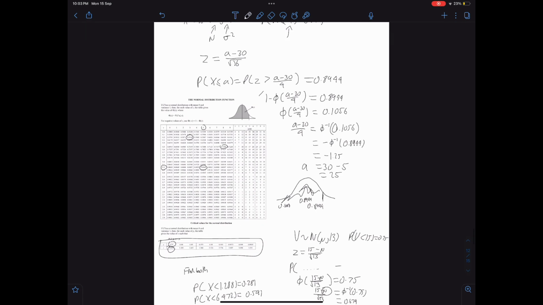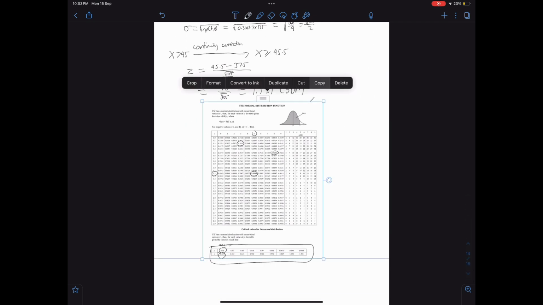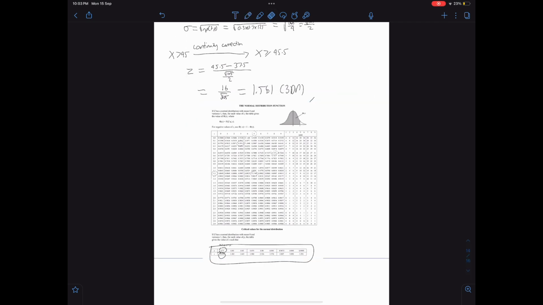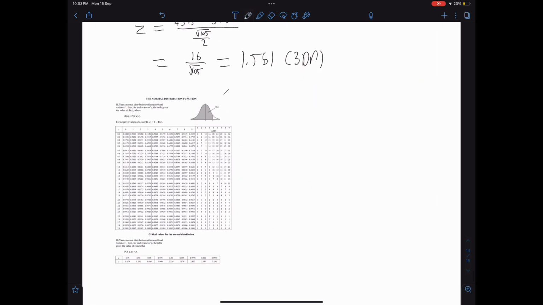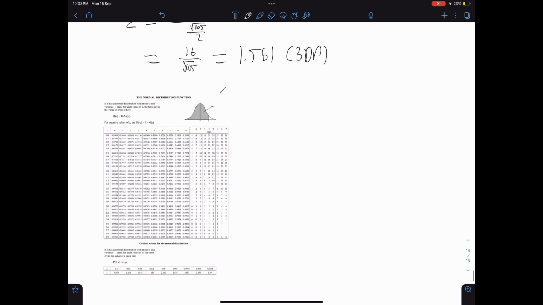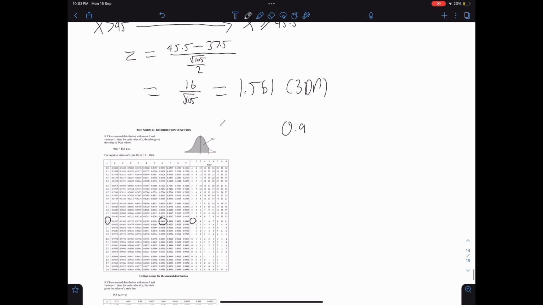Now then we go get our table. 1.561, so 0.947.